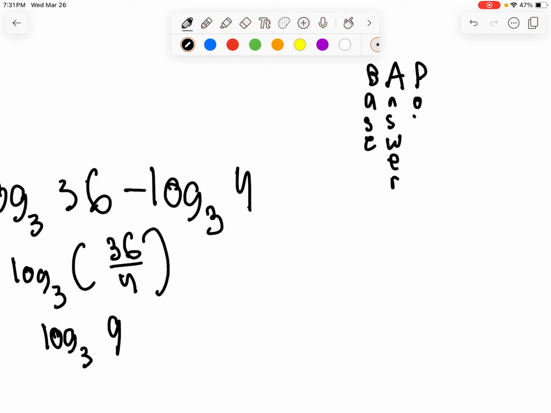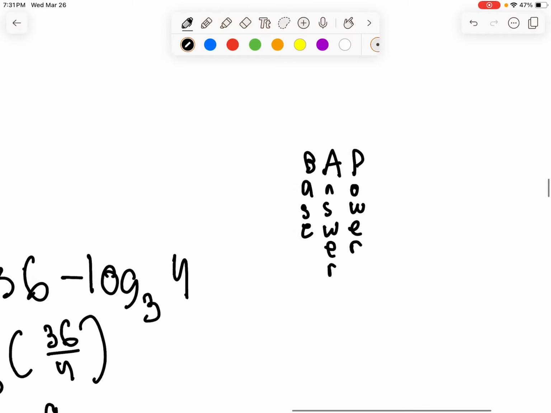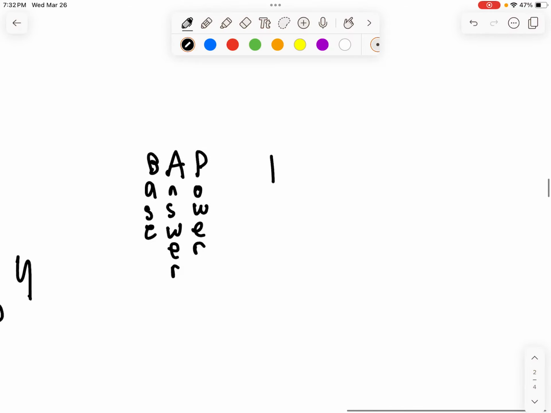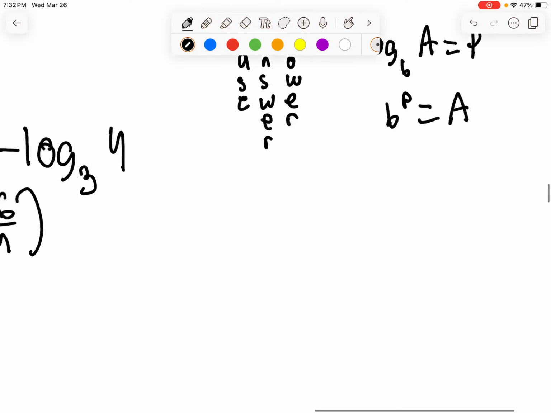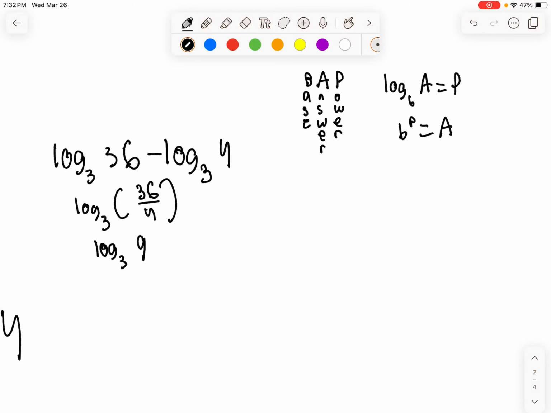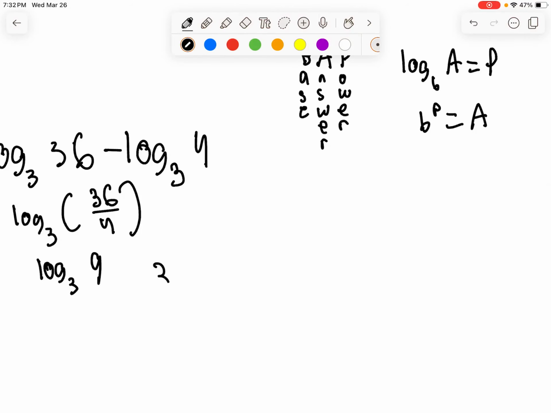And then, yep. I'm just gonna use those variables too. So log base b of a equals p. In essence, what it's asking you is b to the power of p is a. For example, in this case, they're asking you 3 to what power gets you 9?